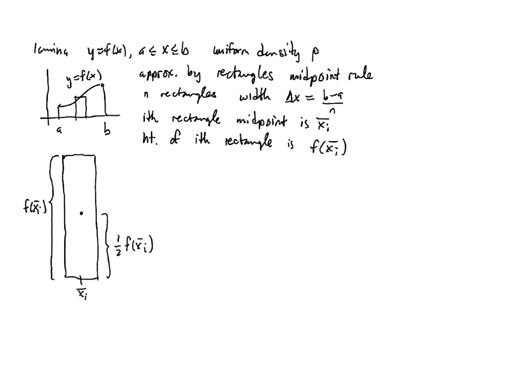Now, that's the center of mass of the rectangle. That is the point where the mass would be concentrated if we treated this as a point mass. And if we treat this as a point mass, then we can talk about the specific moment of this point mass.